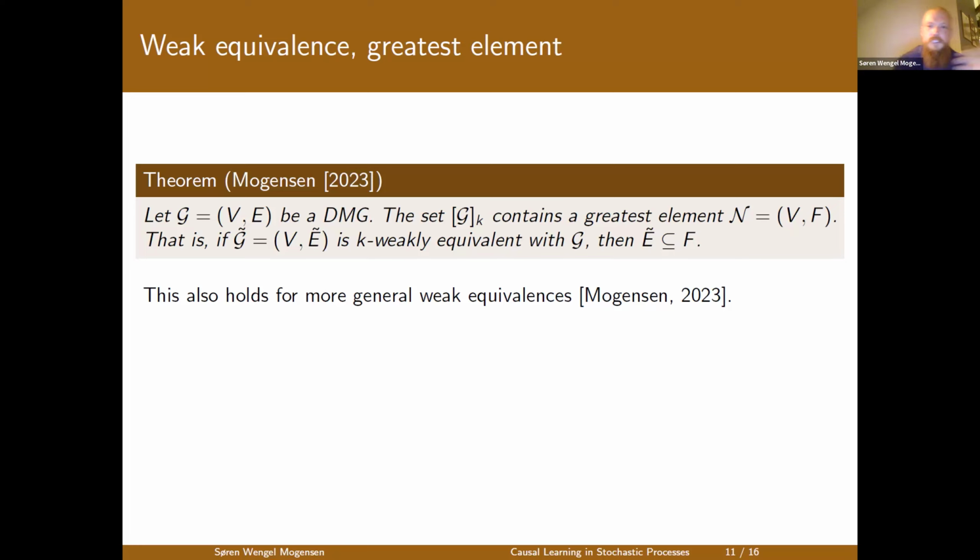So essentially we want to find a nice representative of a k-weak equivalence class. And it happens to be the case that each of them contains a greatest element. And I'll show you an example of what I mean by that.